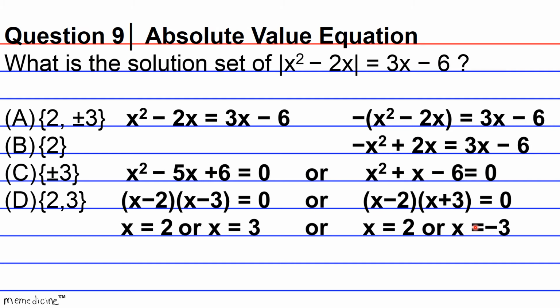If we put the candidate solutions into this original equation, and the left-hand side is equivalent to the right-hand side, that means they're true roots. But if we put any of them into the original equation and the right-hand side doesn't equal the left-hand side, they're extraneous.